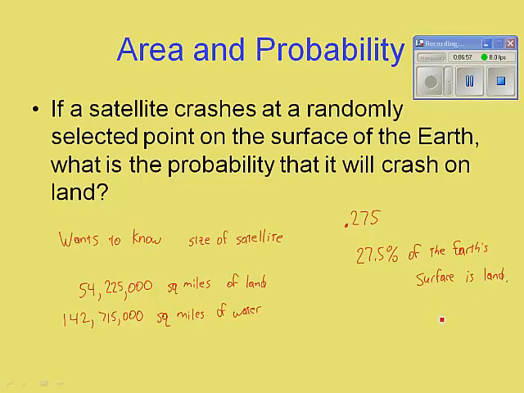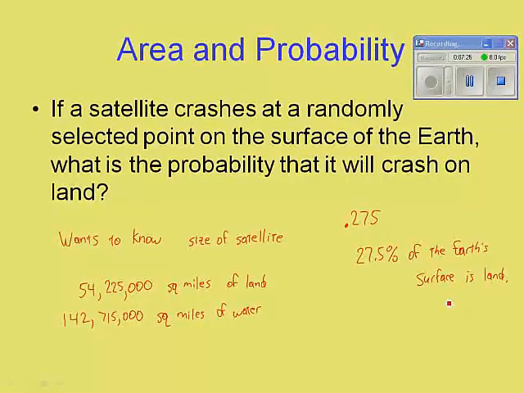Okay. How does that help me answer the question? So Emily's saying that we basically answered the question. You're saying the probability that it'll crash on land is 27.5%. Do you guys agree with that? At least some of you do. Some of you aren't so sure.